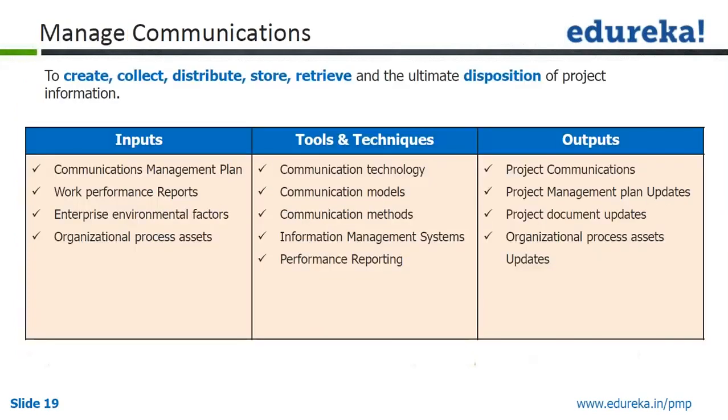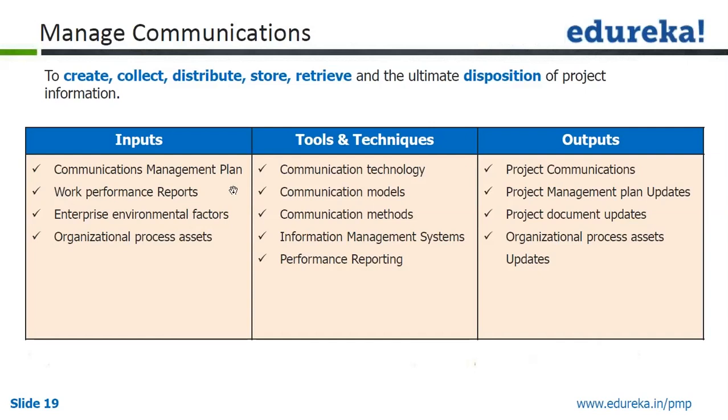Okay. So going on to the next process, which is manage communications. This is the second process. We saw there are 3 processes. We are in the second process. This is to create, collect, distribute, store, retrieve, and ultimately dispose of project information. So what are the inputs? We have the communication management plan coming from the plan communication management process, work performance reports, enterprise environmental factors, and organizational process assets.